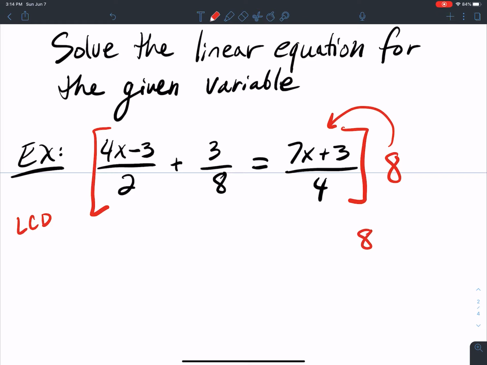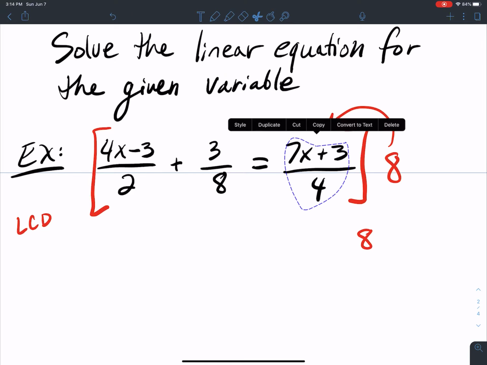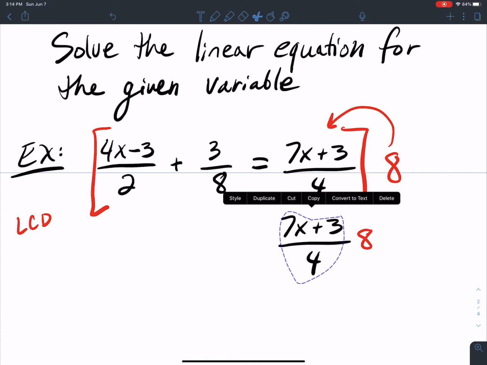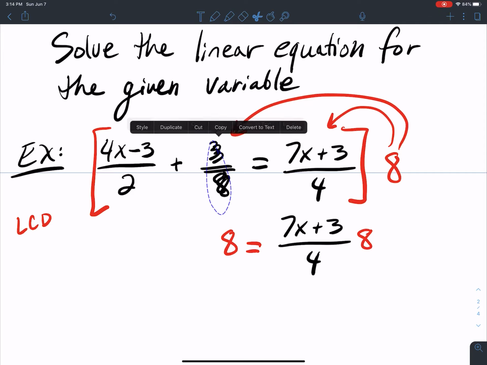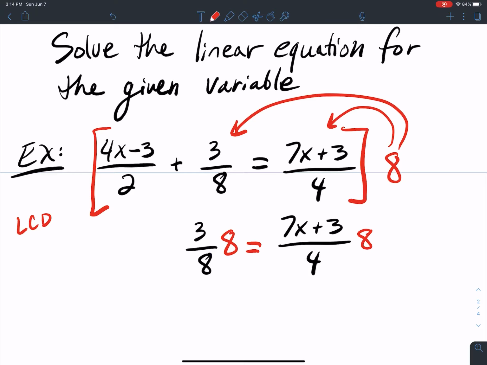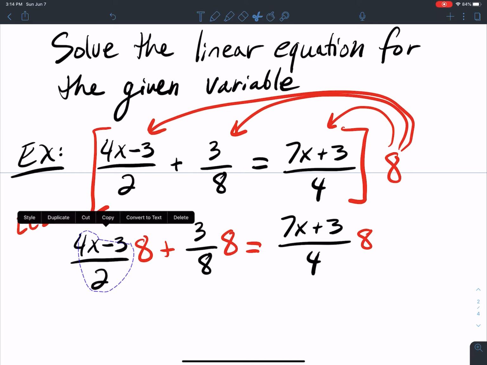So I have 8 multiplied here, and that equals, and then I distribute here, I have 8 multiplied by 3/8, and I distribute here, and I have plus 8 multiplied by (4x minus 3) over 2.